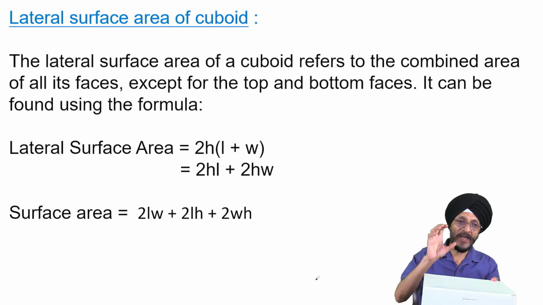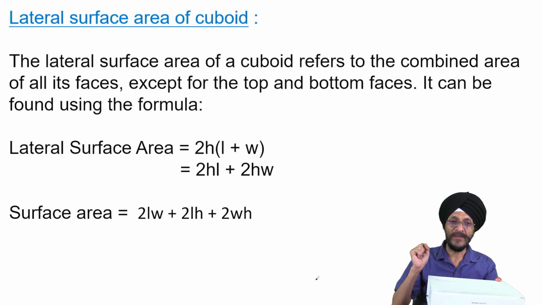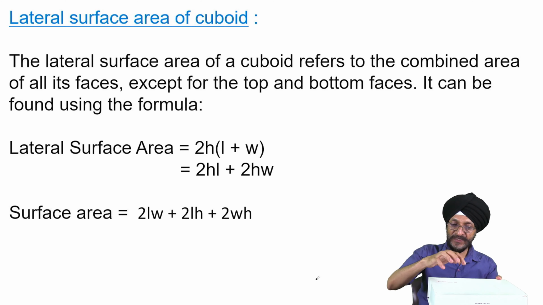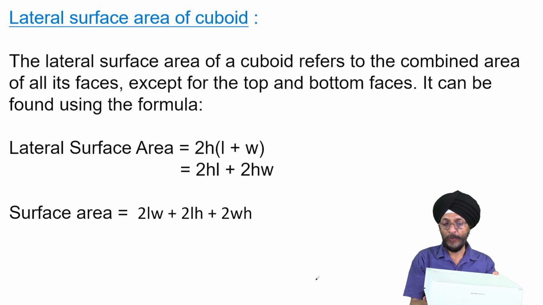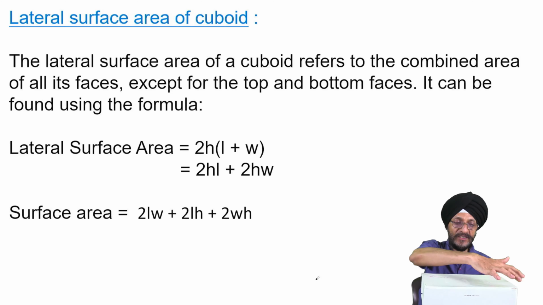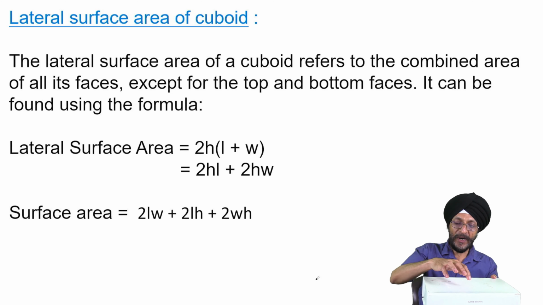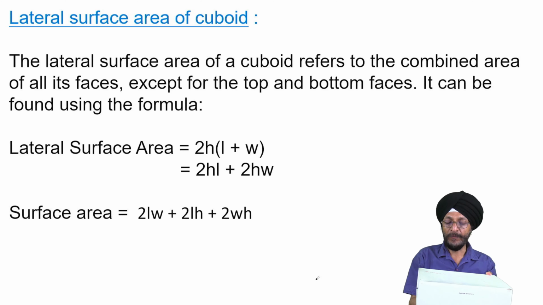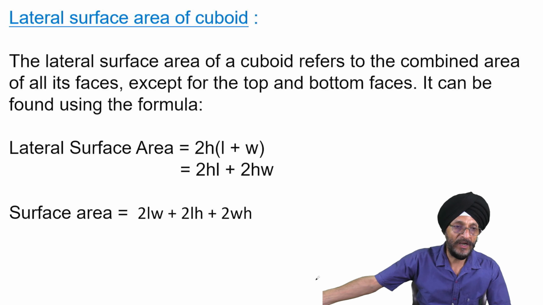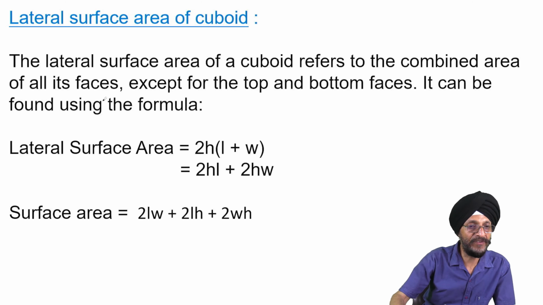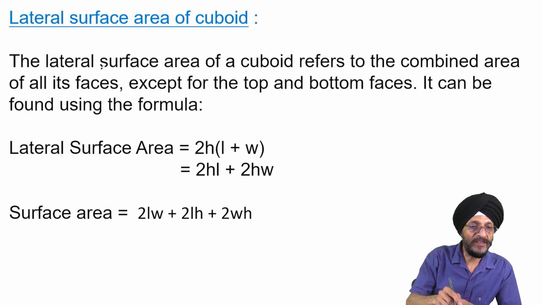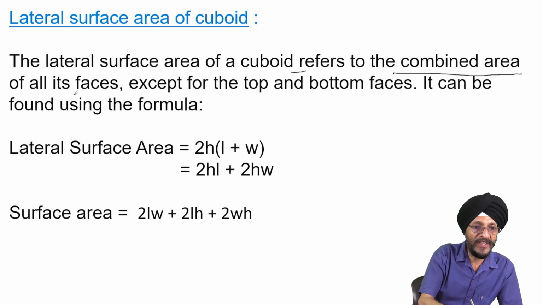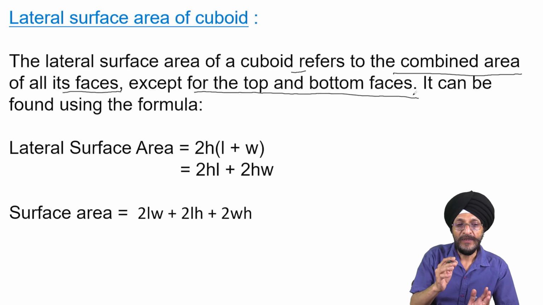But when we calculate the lateral surface area of cuboid, we will not take into account the top and the bottom areas. All the other sides will be taken into account, but the top and the bottom areas will not. So this is the definition before us. The lateral surface area of a cuboid refers to the combined area of all its faces except for the top and bottom faces.